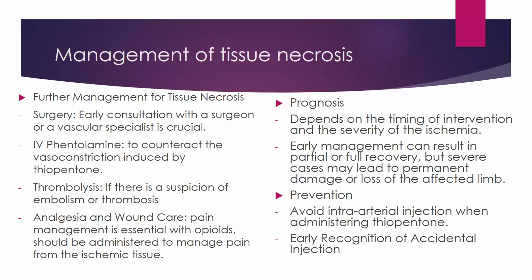And if there is suspicion of thrombosis or embolism, you can use alteplase as a thrombolytic agent. Analgesia is important because it is painful, especially with opioids, and proper care, elevation of the affected limb and dressing are important.